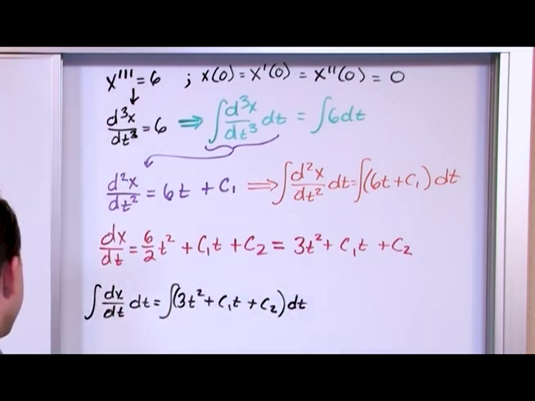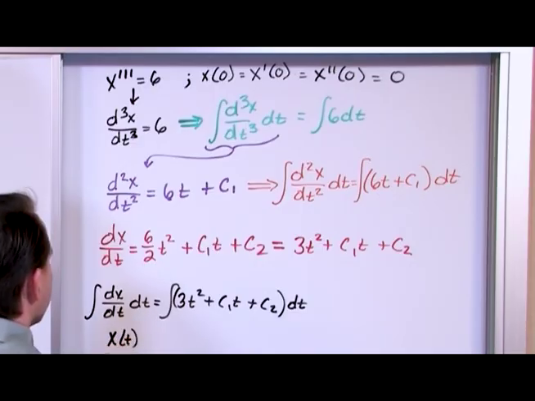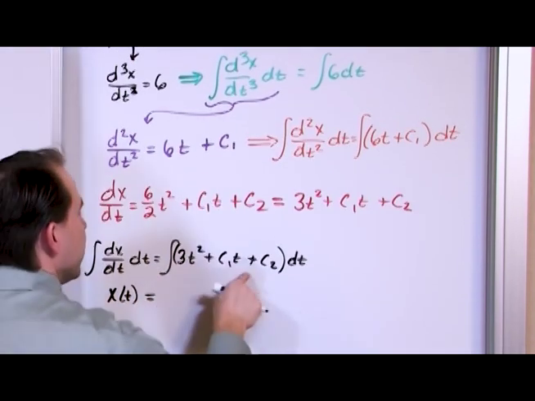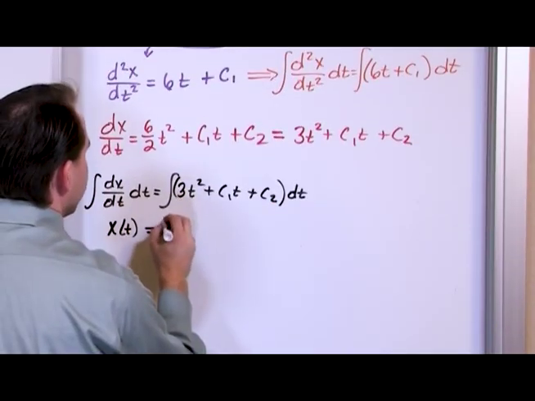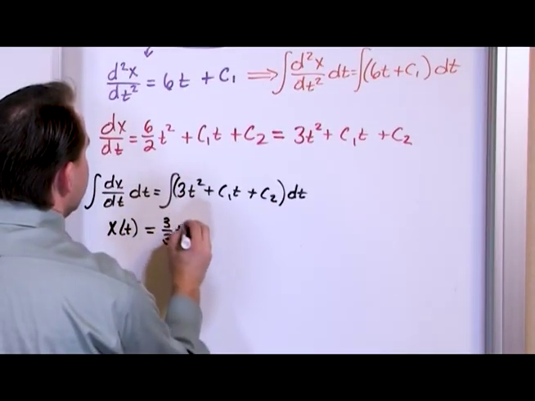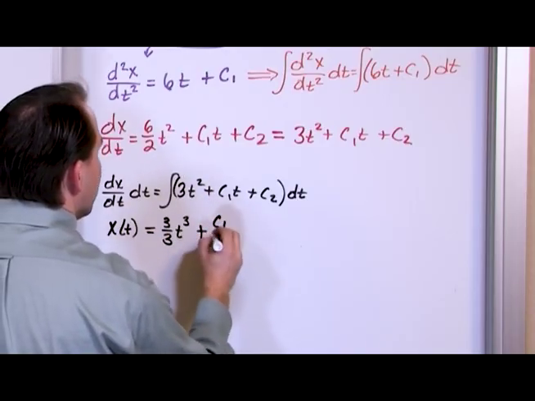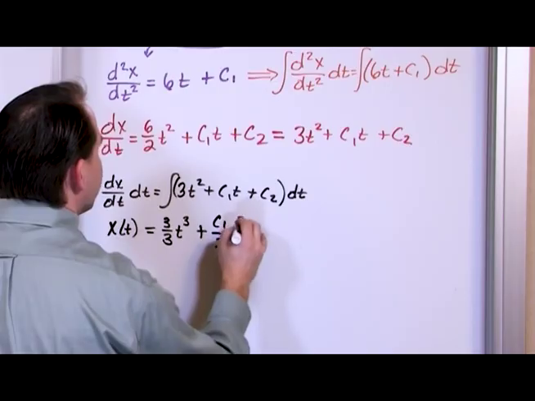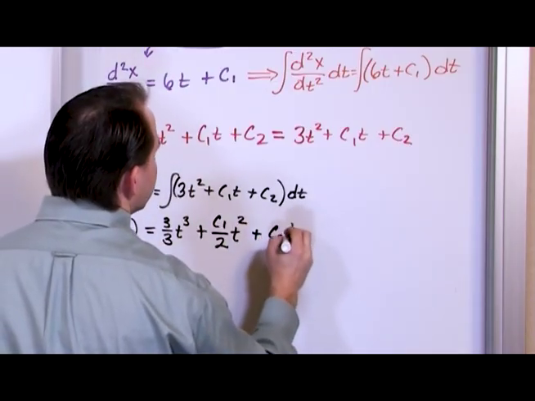And so what we're going to have right here is just x of t, because we're taking the integral of this derivative. And here, it's another nice polynomial. These are not terribly hard to integrate, so it's going to be 3 over 3 t cubed, right? And then here's going to be c1 over 2 t squared, because that's a function of time there, plus c2t.